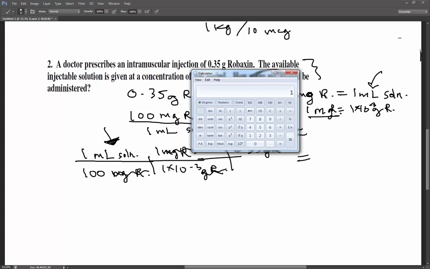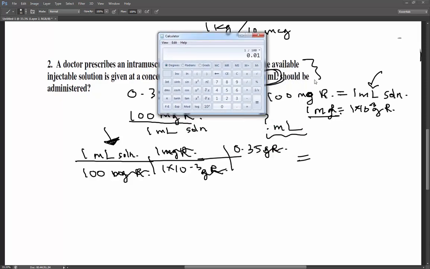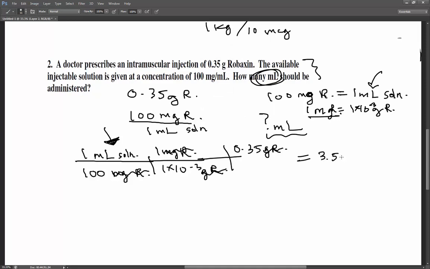I've got 1 milliliter of solution divided by 100 milligrams of Roboxen, multiplied by 1 milligram of Roboxen divided by 1 times 10 to the negative third. There we are. Multiply that by 0.35 grams of Roboxen, and I should get 3.5 milliliters of solution that needs to be administered.